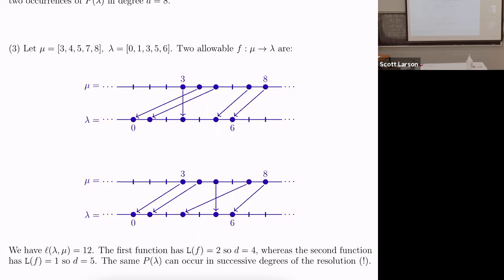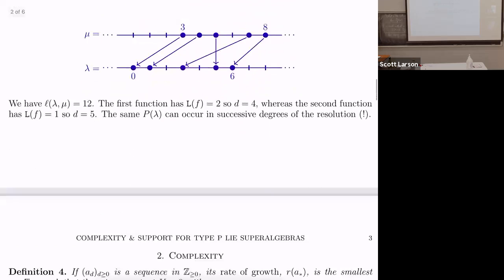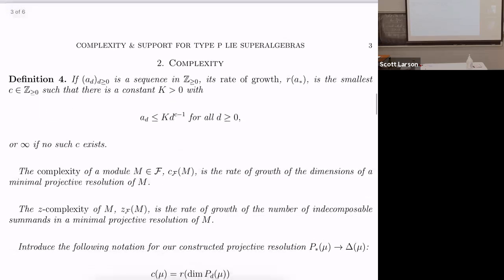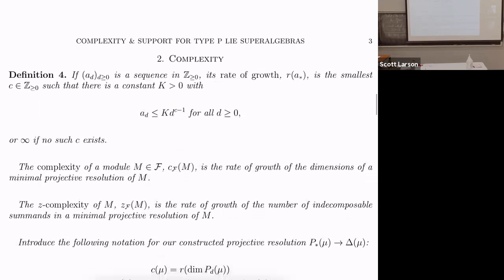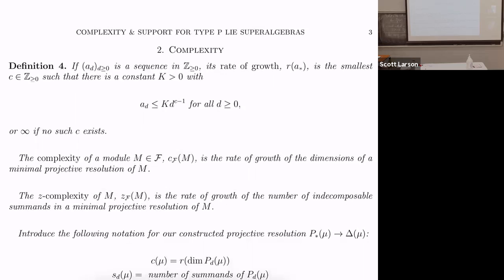Well, let me just maybe quickly show you some theorems. So I mentioned the rate of growth. Here's a definition of the rate of growth of a sequence of integers. It's the smallest non-negative integer c such that the sequence a sub d is less than or equal to a monomial in d of degree c minus 1.